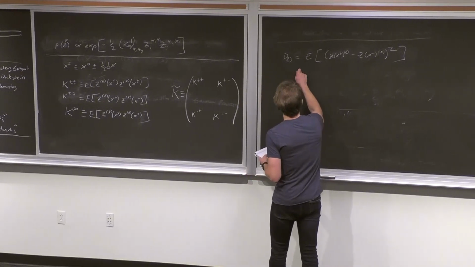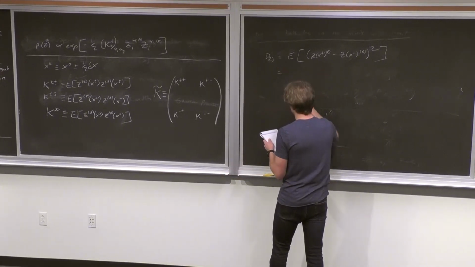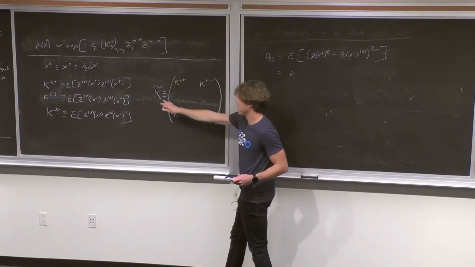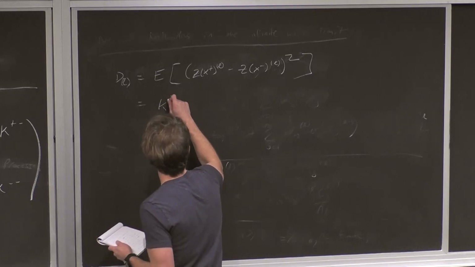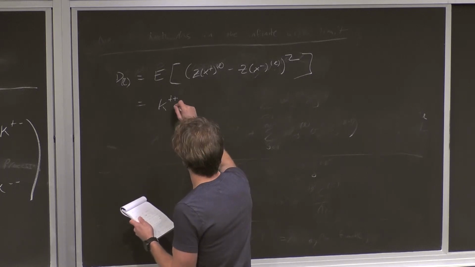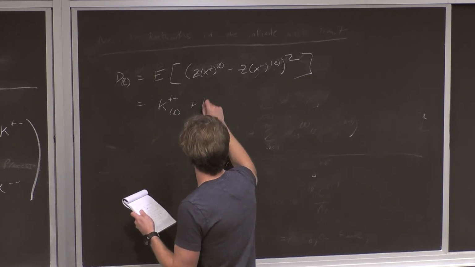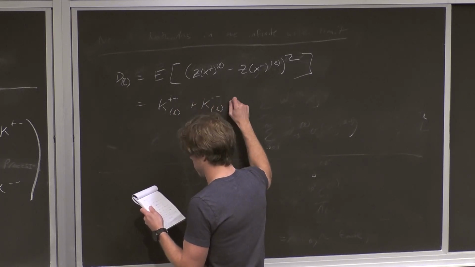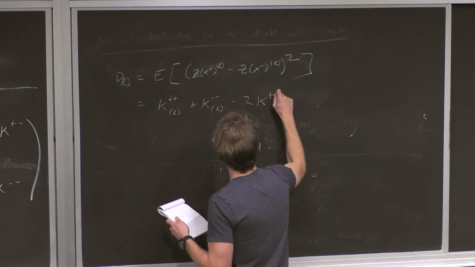And so we can express this observable in terms of these objects I've defined over here. So this distance is equal to k plus plus, plus k minus minus, minus 2k plus minus.